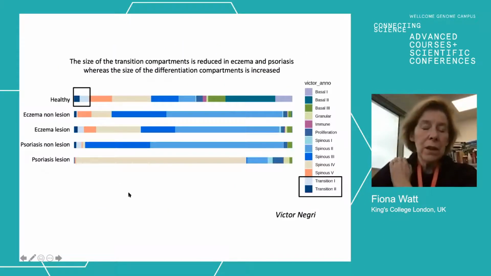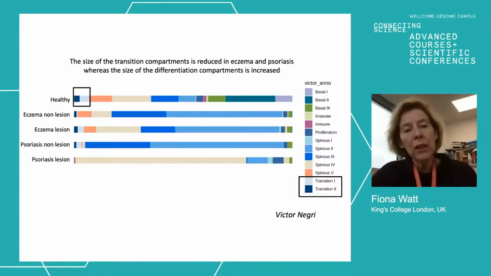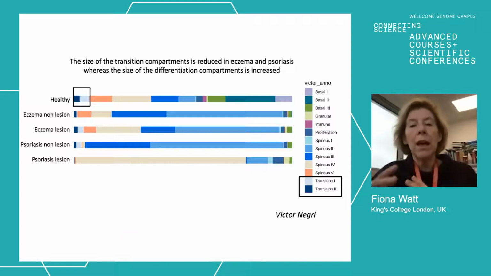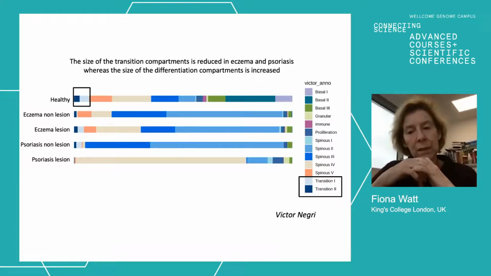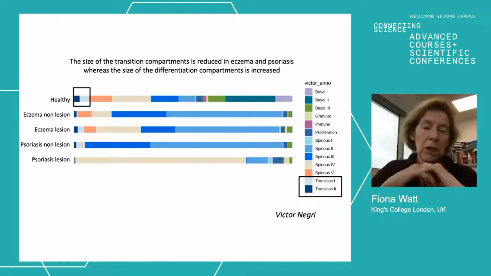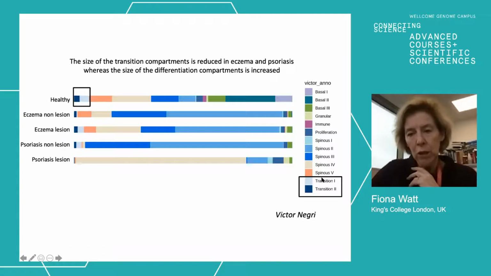Another thing that Victor has done, and this is very preliminary work, is to look at how the different populations of cells that we'd found in healthy skin map to lesional and non-lesional skin from patients with eczema and psoriasis. Here, actually, my prediction had been that there would be an abnormal expansion of those 2 transition populations, which are now shown here.